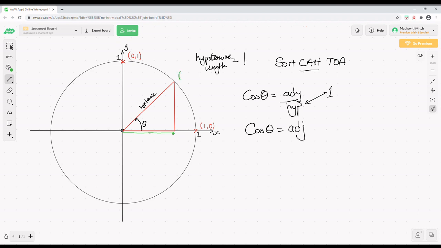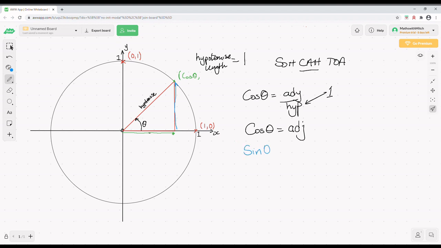So if we were to now plot the coordinates for this point at the top, we can say in the x direction it is cos theta. So what about the y direction? Well, we can use trig again. This time we're going to be looking at the vertical side here, the length there. Now that's the opposite, so we're going to use sine.